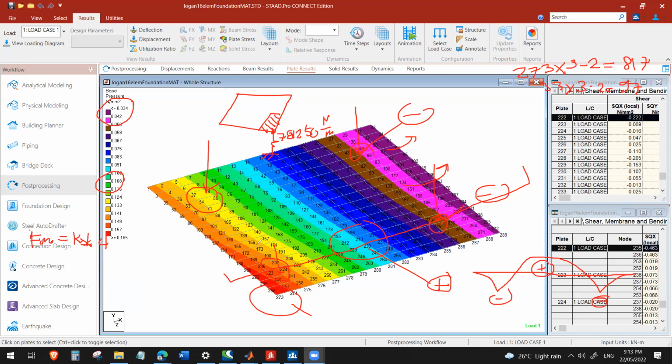For example, if we wanted to find the base pressure here, there will be 4 plates contributing to the stiffness on that interior node.